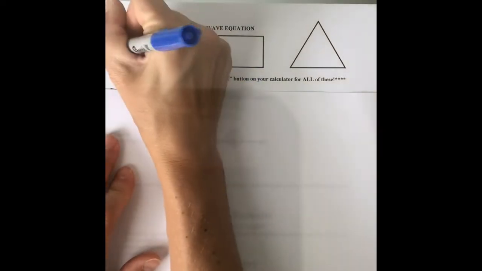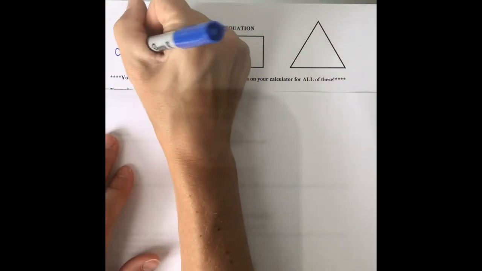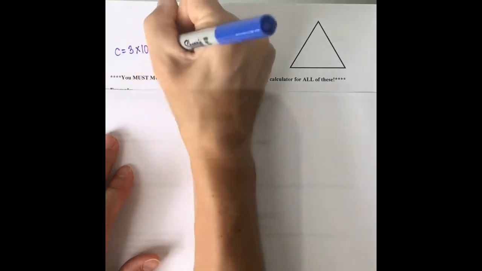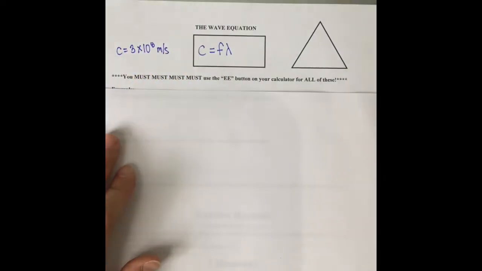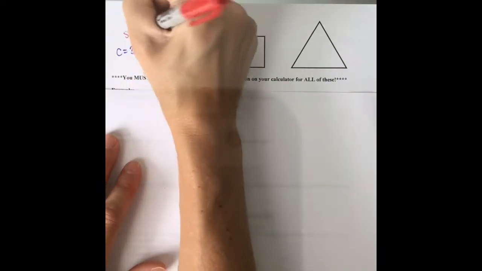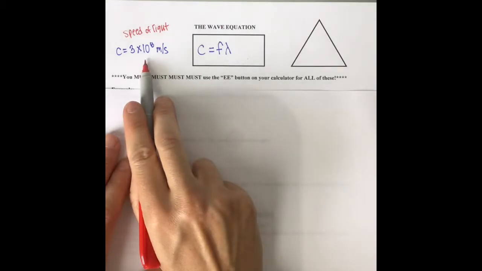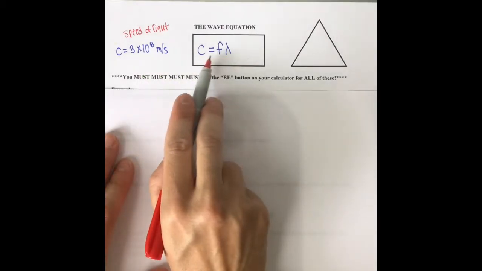C is always 3 times 10 to the 8th meters per second. It's a constant, and it's called your speed of light constant. It will always be the same in each problem. You will just be plugging in your speed of light and a value that you know to solve for the other one.